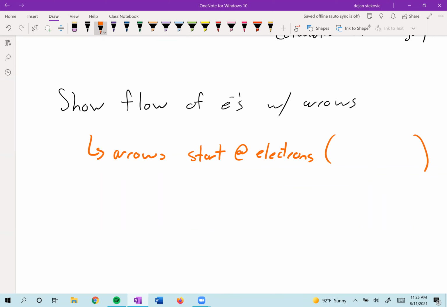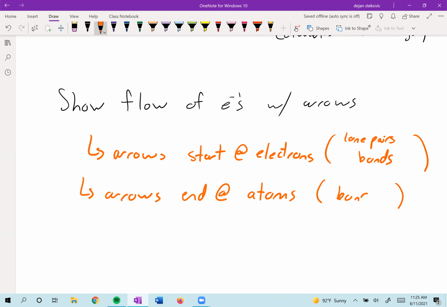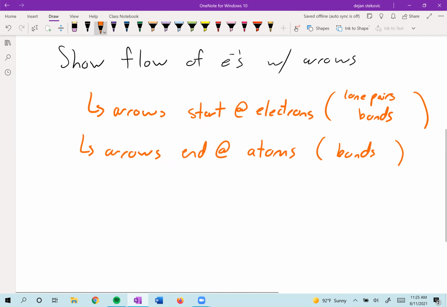And these electrons can be in lone pairs most times, but also in bonds as well. And then finally, these arrows end where the electrons are going. And so most of the time they end at atoms that they're forming bonds to, although they do sometimes end on bonds as well. We won't see that too much.